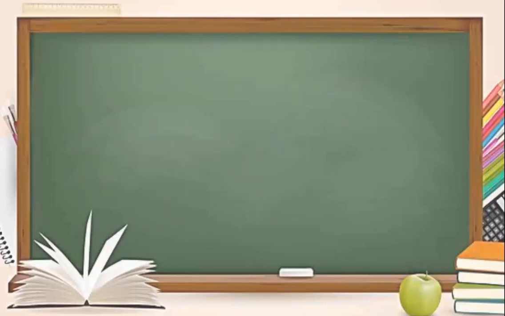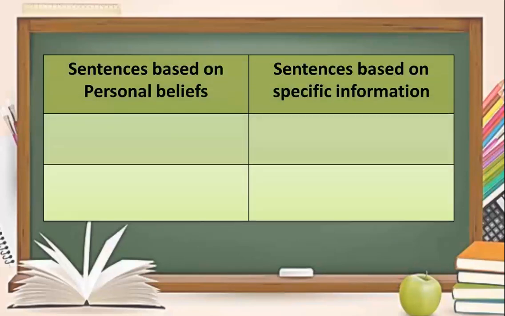Very good. Now, the next thing that we will do is to classify the statements, whether they are beliefs or convictions. In the table, the first column is labeled with sentences based on personal beliefs. This is the column where we place our beliefs.